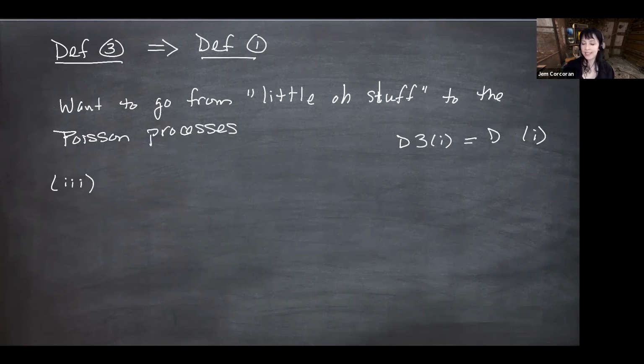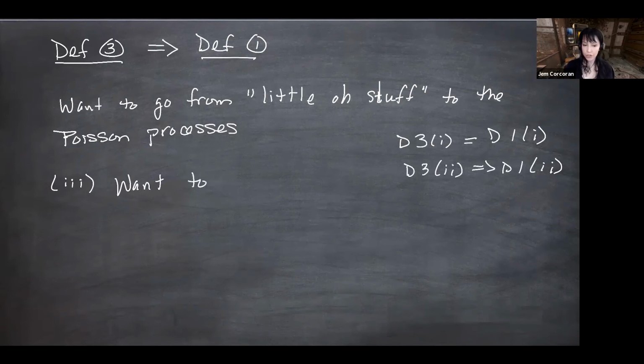Definition 3I is exactly the same as definition 1I. And definition 3, double I, implies definition 1, double I. Let's look at 3. I've got little o assumptions, and I want to show that I get a Poisson number of arrivals in a time interval of some fixed length.